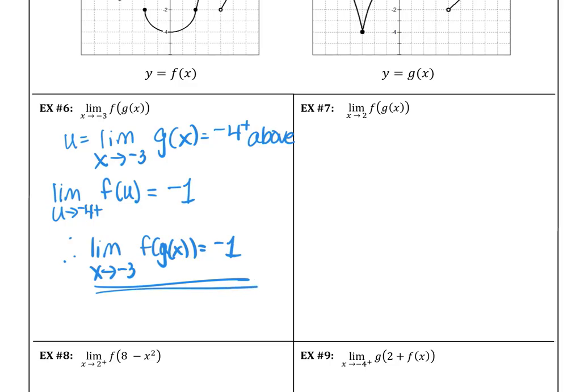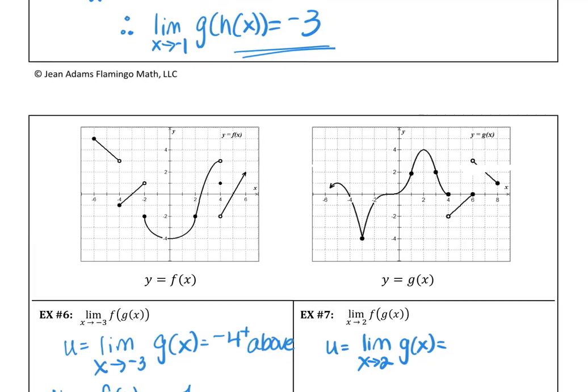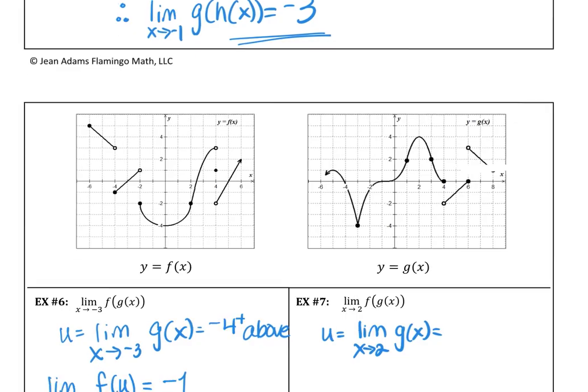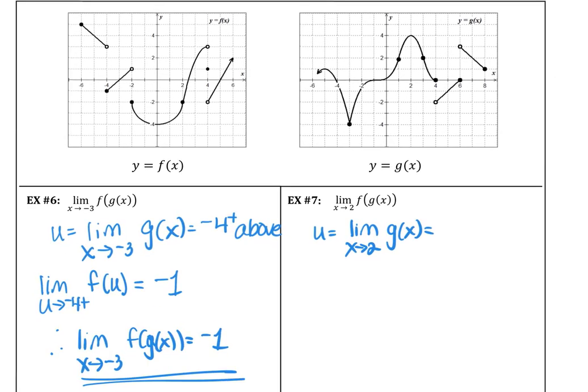In example 7, we want to consider u as the limit as x goes to 2 on our inside function g of x. Back to the graph, we're looking at g of x as x approaches 2. In this case, as x approaches 2, our y value is approaching 4, but notice we're approaching 4 from y values smaller than 4. So we'll say that we're approaching 4 from below, or in our composition, that below is going to translate to the left.